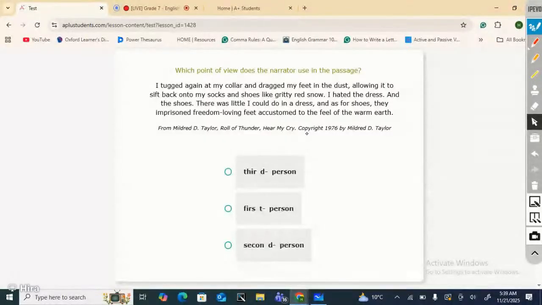They show first person pronouns. It means it is first person point of view.